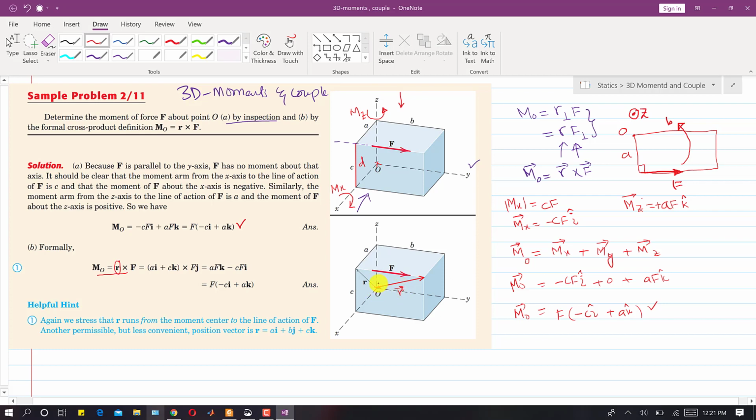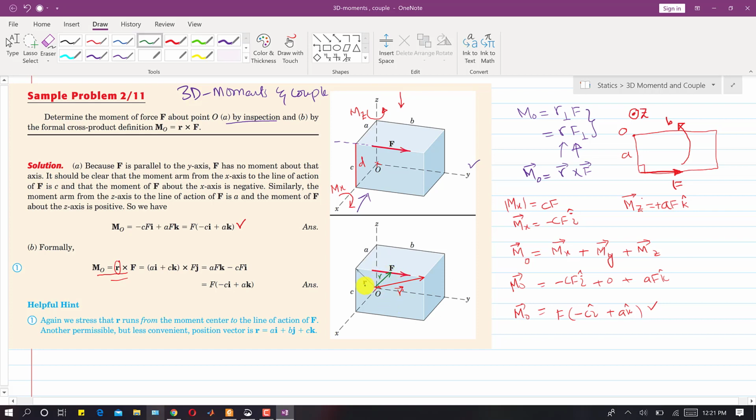So to use this formula, we will draw an R from the axis of rotation, from the point of rotation, to the line of action of this force, right? And we can draw another moment arm like this as well, until this point. So this is another R as well.